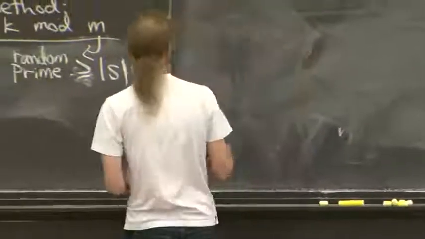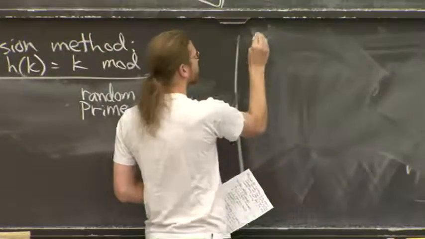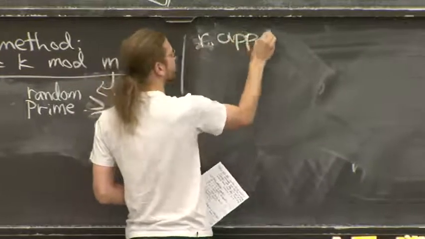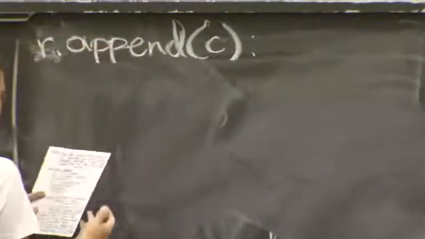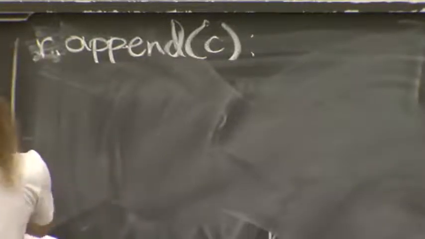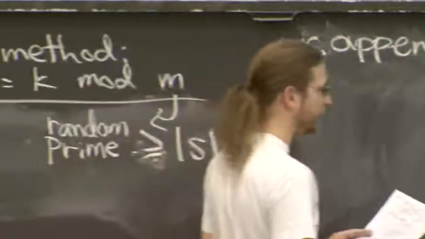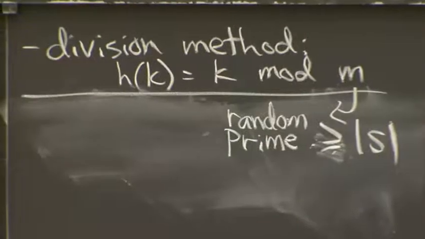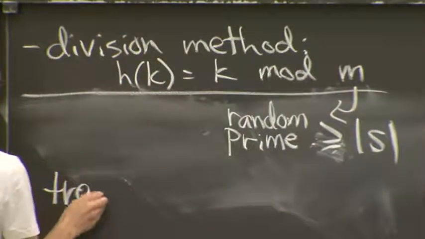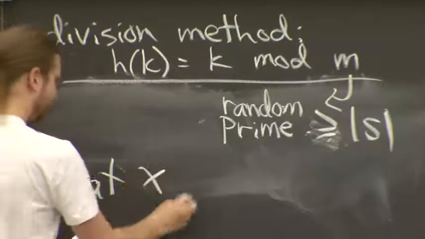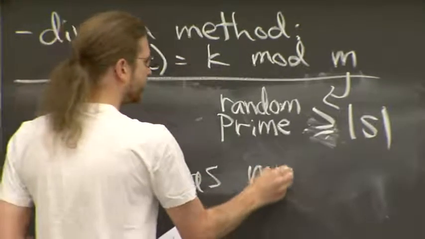The point is to look at an append operation, and think about how this hash function changes when you add a single character. Oh, I should tell you. We're going to treat the string x as a multi-digit number.